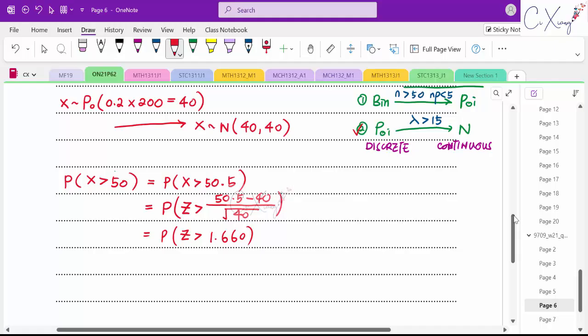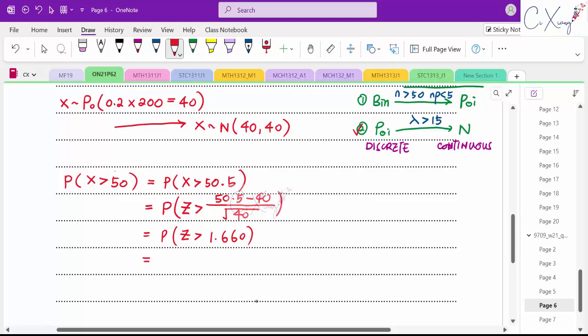Why do we put it into 3 decimal places? Because the accuracy of our normal distribution table for the value of z is up to 3 decimal places. So to get the most accurate answer, please keep your value of z to 3 decimal places before you find it in the table, the MF19 table. Now I want to calculate the probability.